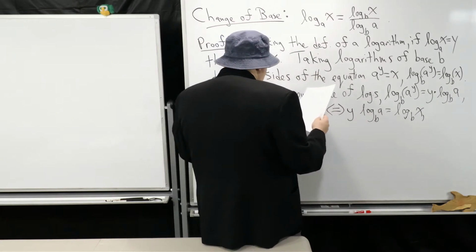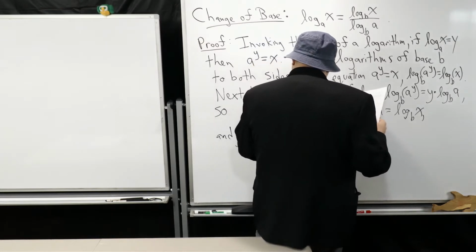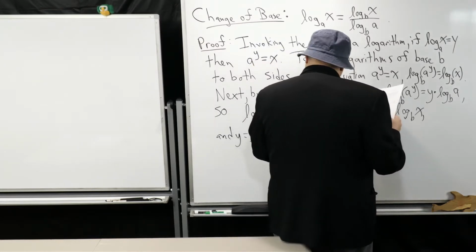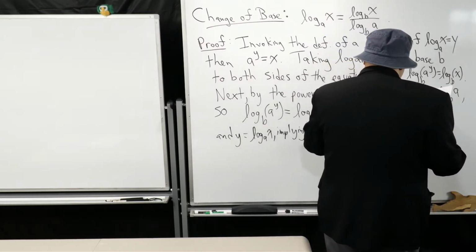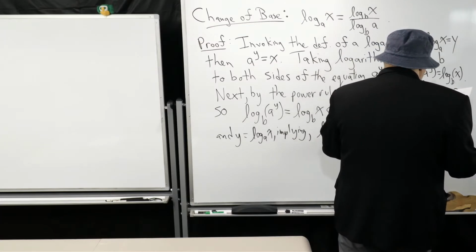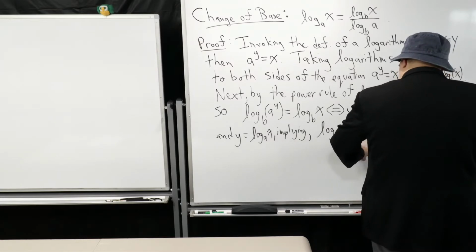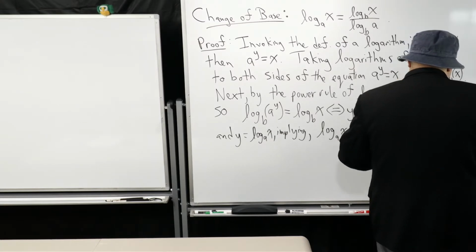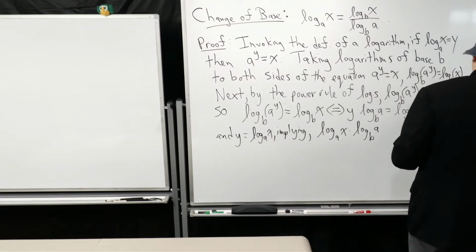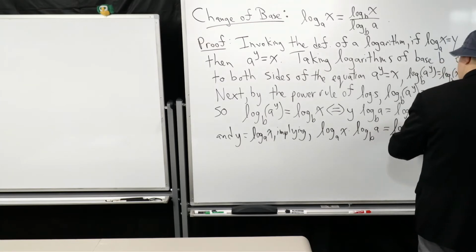And y is equal to log base a of x, implying log base a of x times log base b of a is equal to log base b of x.